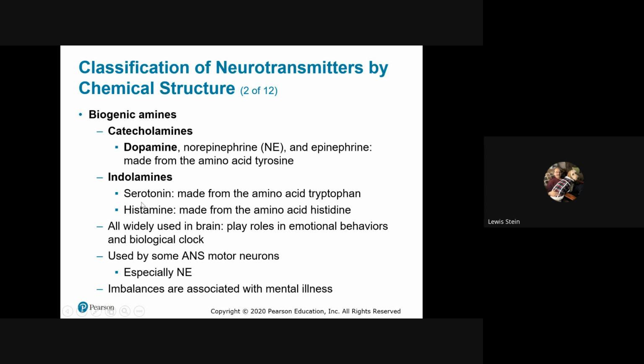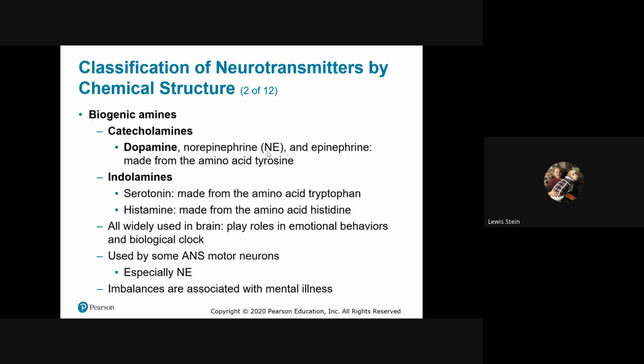And where dopamine and norepinephrine are typically, with limited exceptions, almost always excitatory, serotonin can go in a variety of directions. Serotonin has so many subtypes of receptors that it has different effects on different circuits or systems. It's probably the one, as I said, from the selective serotonin reuptake inhibitors.